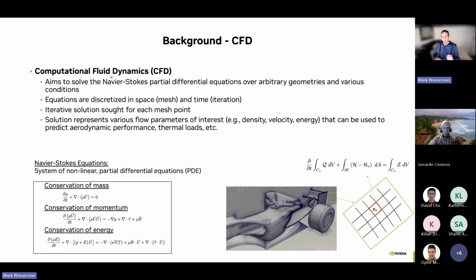The Navier-Stokes set is a specific set of equations that was formulated more than 100 years ago by two people, Navier and Stokes. And this coupled partial differential equation set formulates the equations that govern the flow of fluids by conservation of mass, momentum, and energy.